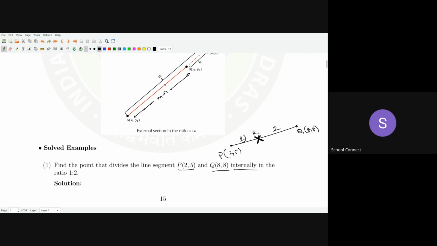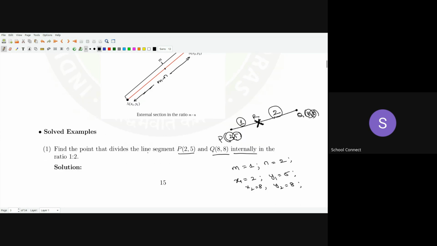So now we have m, n, x1, y1, x2, y2. You just write it down. That will be better. So m is 1, n is 2, x1 is 2, y1 is 5, x2 is 8, y2 is 8. So once you have m, n, x1, y1, x2, y2, you just have to use the formula.